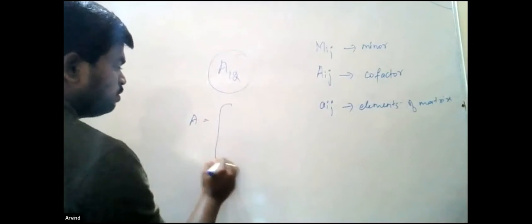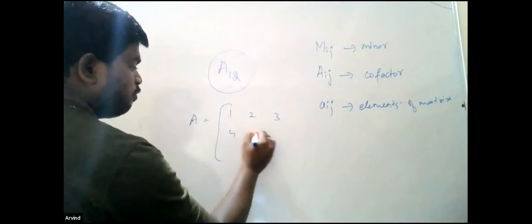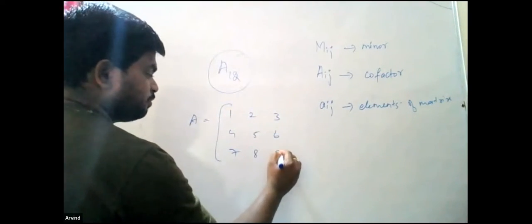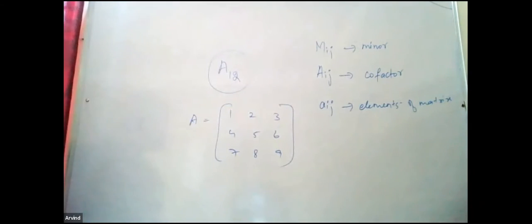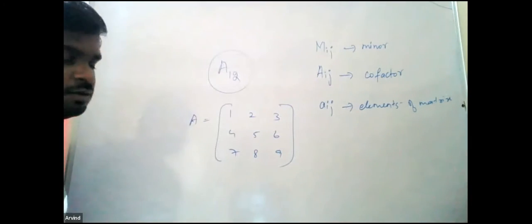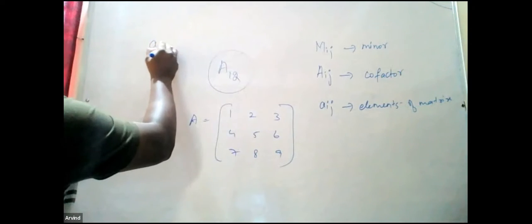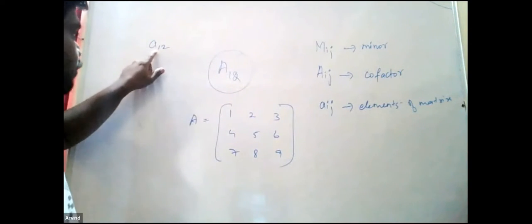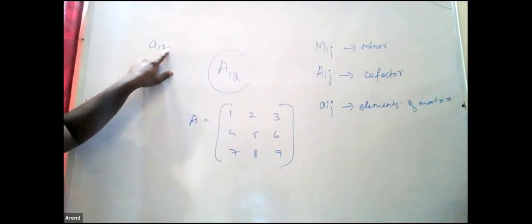For example, let's take a matrix A is equal to 1 2 3 4 5 6 7 8 9. I'll just simply take it like this. Now just observe, if they ask find a12, see here, small a12 means first row second column.